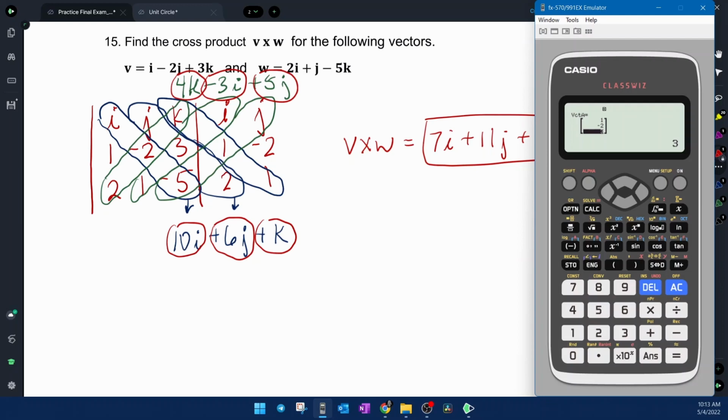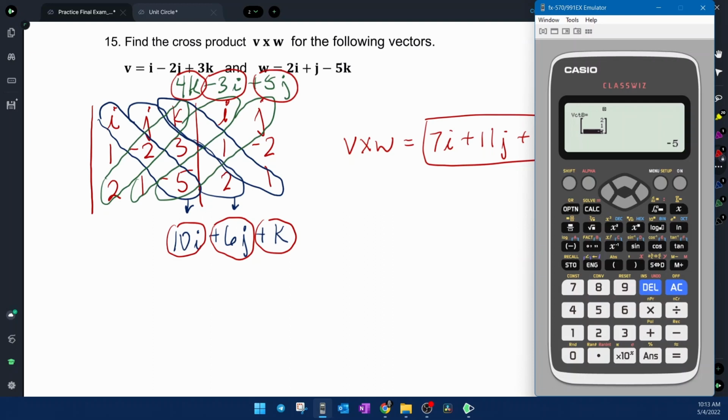And then we want to go back to Option. We do want to define another vector. So number 1, this time we're going to define vector B. Again, it is a three-dimensional vector. And these are the coefficients of W, which are 2, 1, and -5.